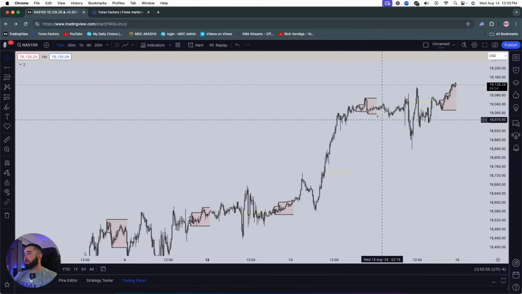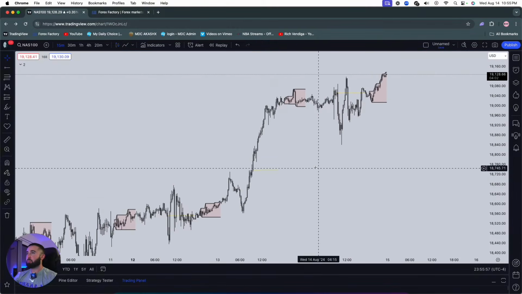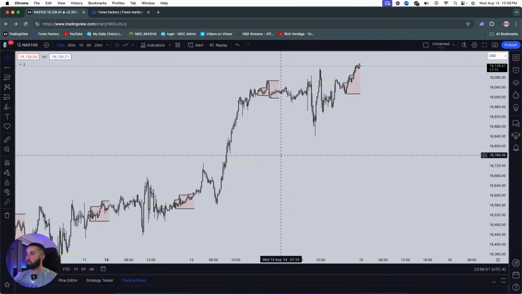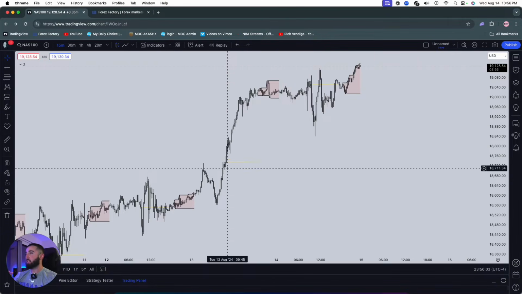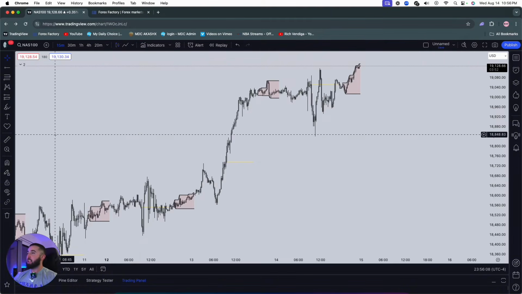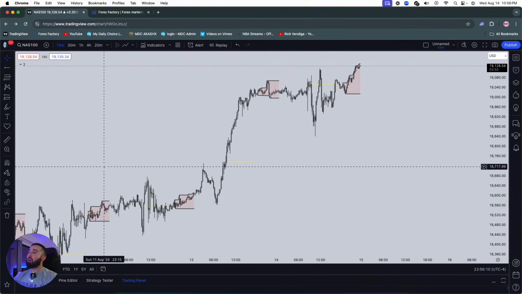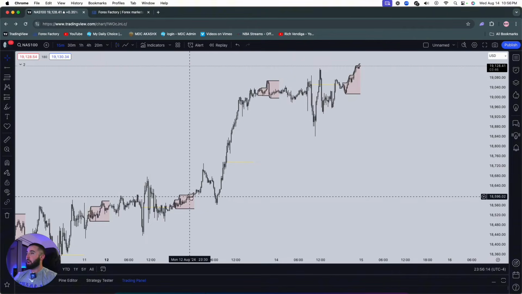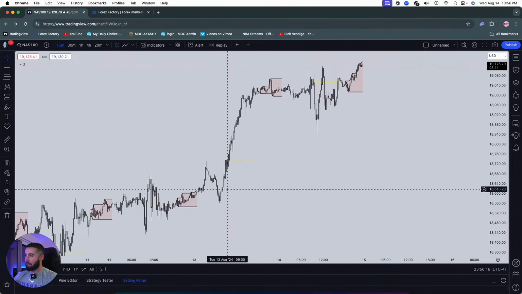So I have indicators that I use that pretty much highlight that very specific time window for the Asian range. And a big part of what I look for is a directional bias for the day. How are we breaking out of the Asia highs and lows when it comes to NASDAQ?